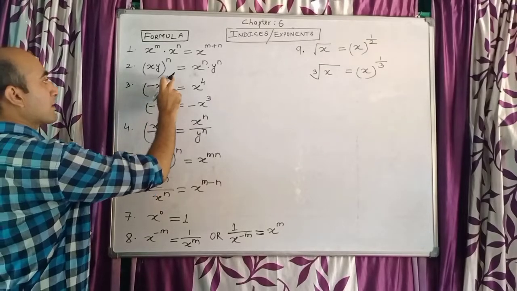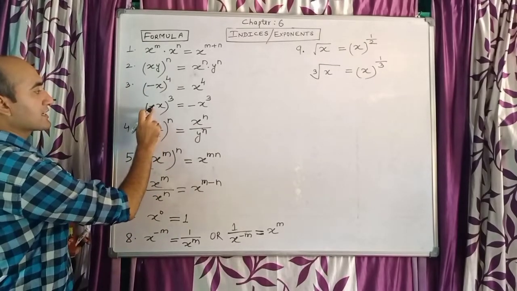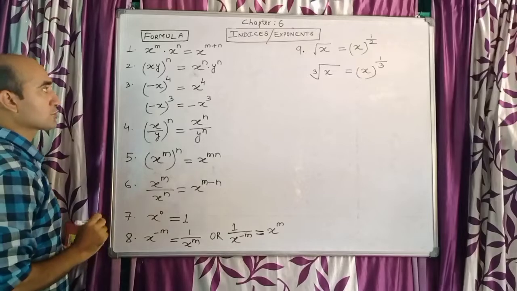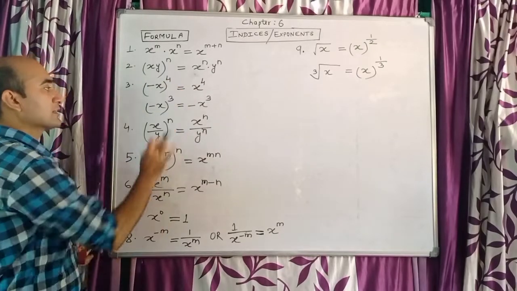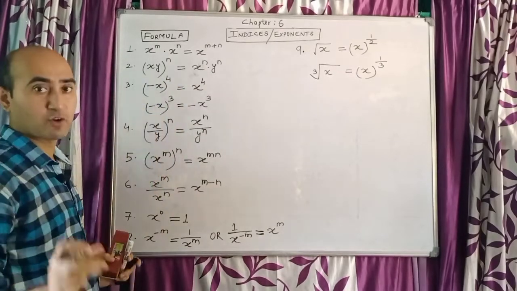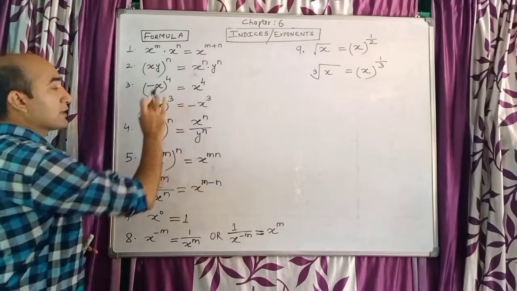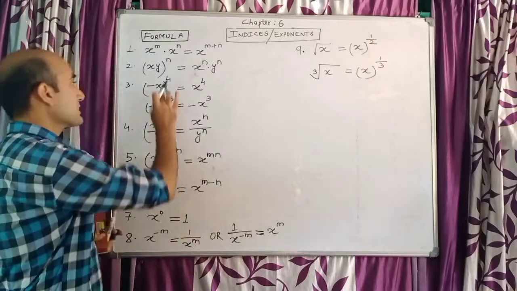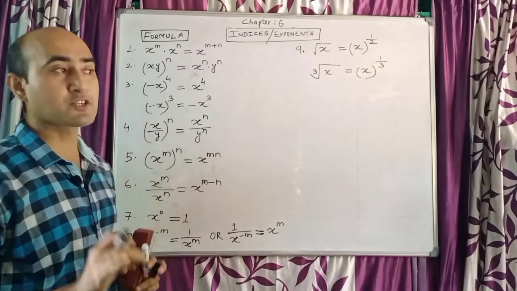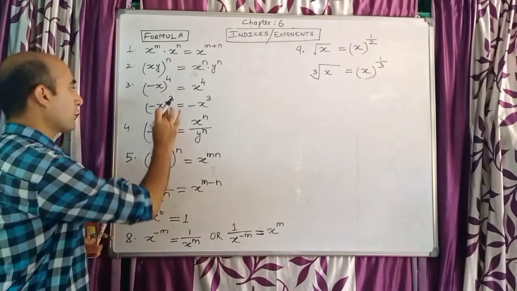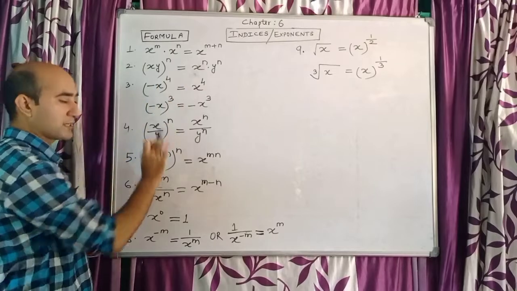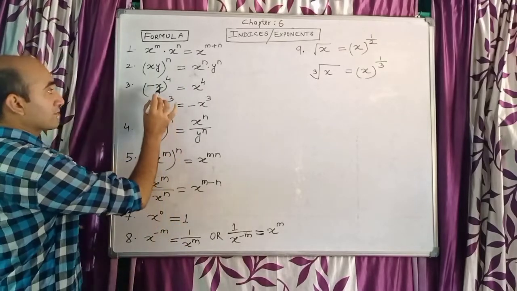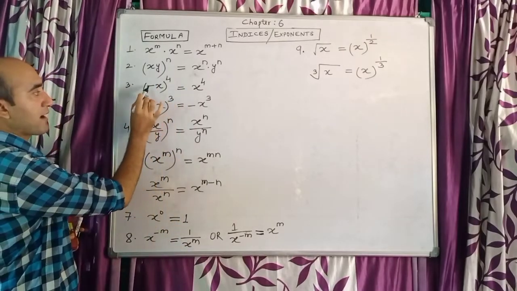Minus x power 4 and here minus x power cube. You can see this is an even power, this is an odd power. The numbers which are divisible by 2 are even numbers, and the numbers which are not divisible by 2 are odd numbers. So 4 is an even number, 3 is odd, and the variable has got a minus symbol.